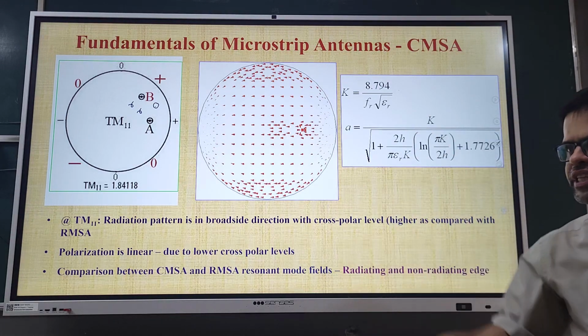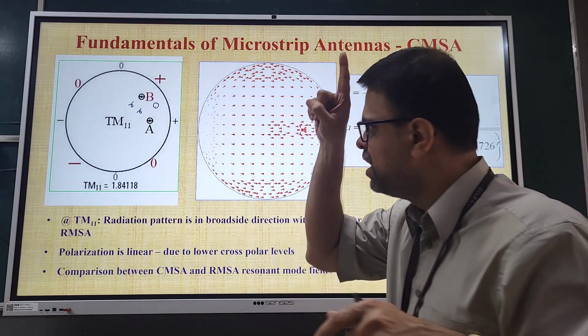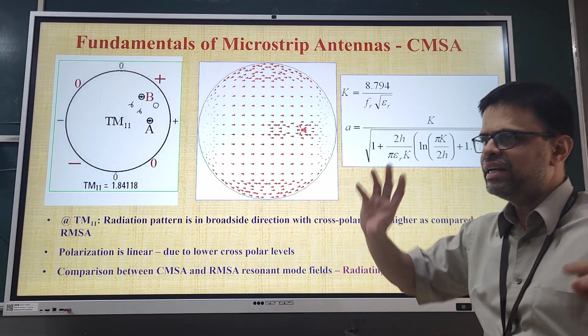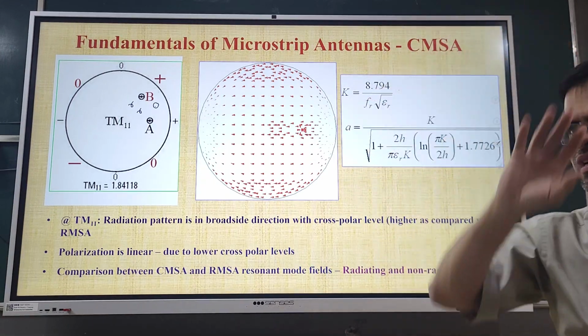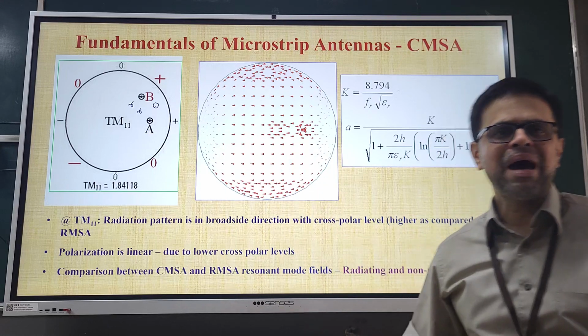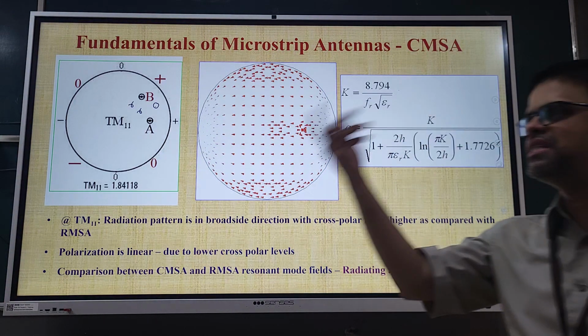So let it be an offset feed point location, let it be a feed point location on X or Y axis. Resonant frequency in circular patch remains the same, and that is the beauty of the circular patch as against the rectangular geometry. That also can be one of the comparative analysis points with respect to RMSA CMSA.